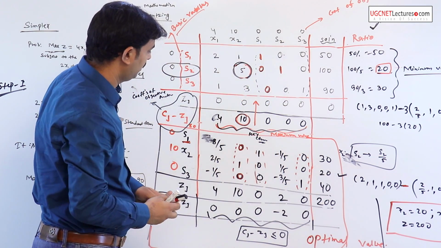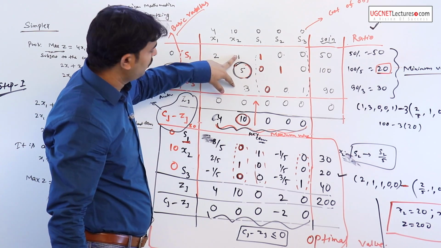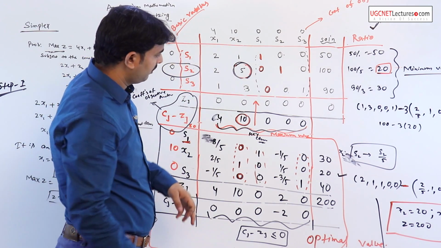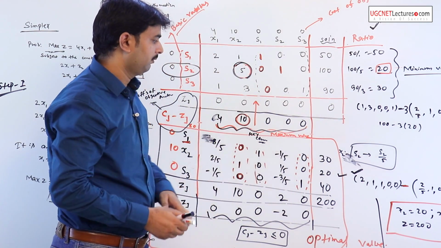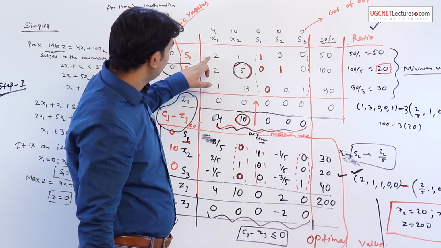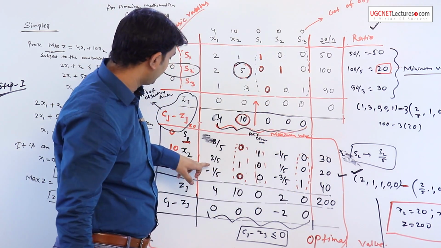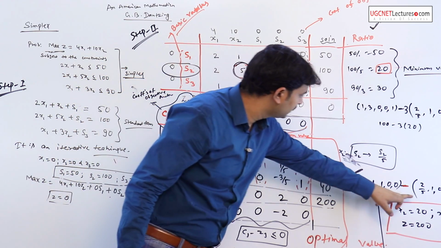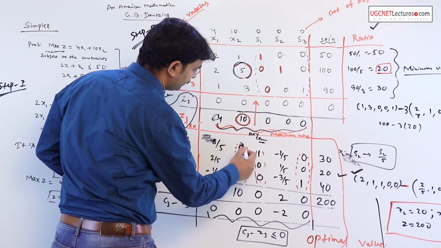Now the corresponding column has to be 0. For doing this, we apply the row operation, this row minus the new values. Similarly, we have to find 0 here.